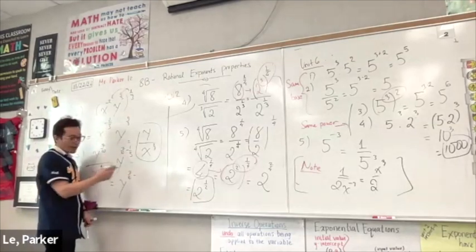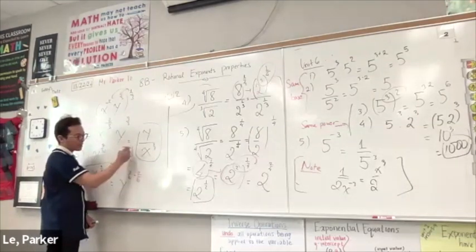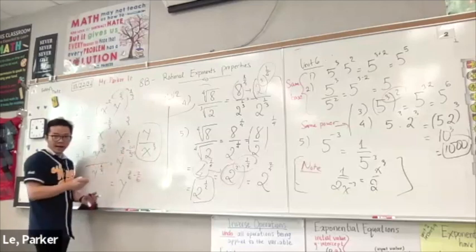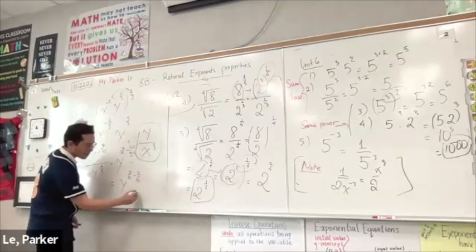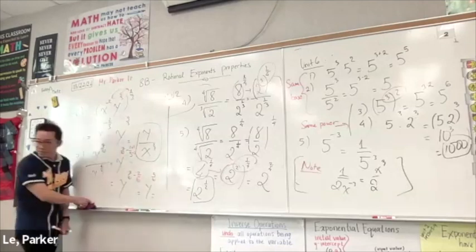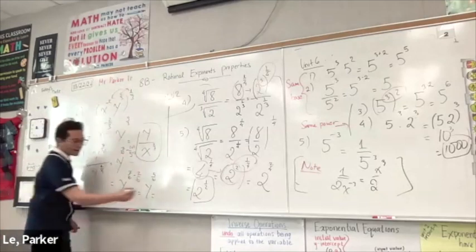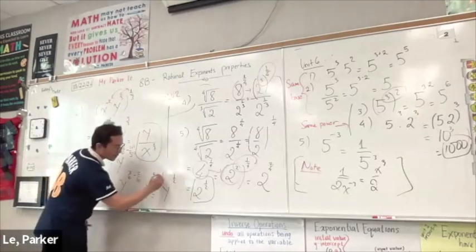So 1 over 5, you need to make them into 2 over 10. You multiply by 2, right? 5 to become 10. No, 5 over 10 is 1/2. So y to the power 1/2.